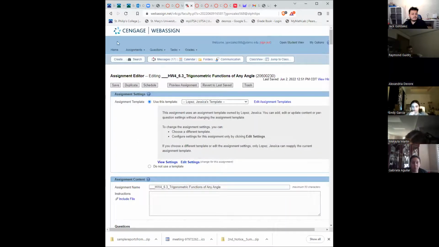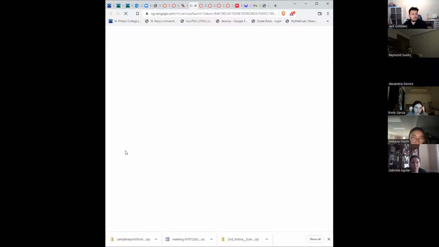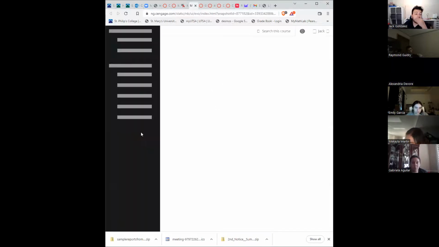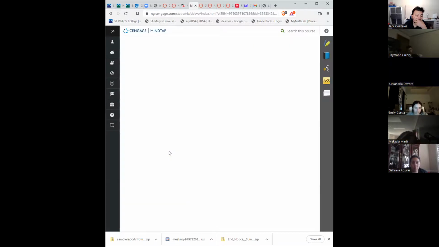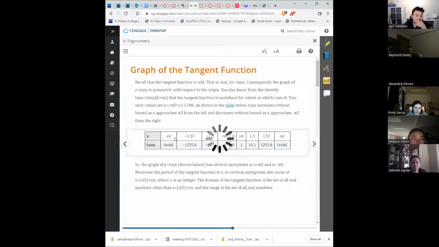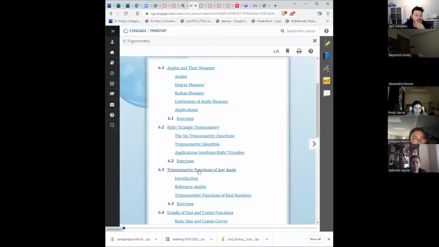They have some nice pictures. This is the one. 6.3. Reference angles.